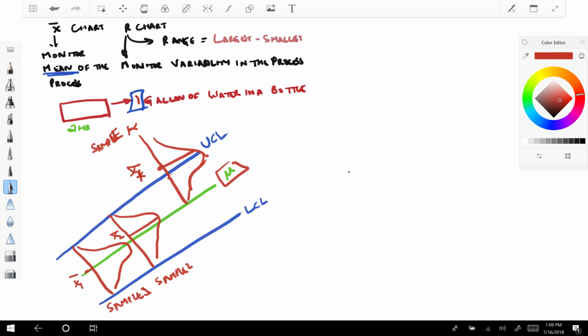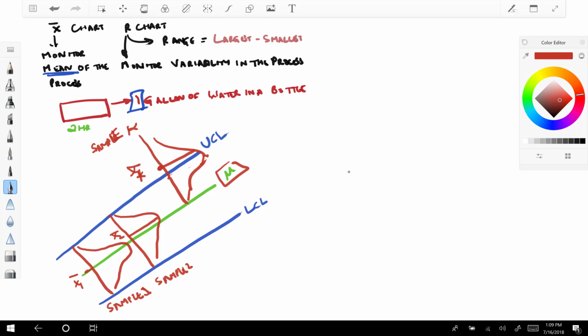So clearly, if we start taking different samples, and here the process is going out of control because the mean is outside the upper control limit, we can go back to our process and look at what is going wrong in the process.